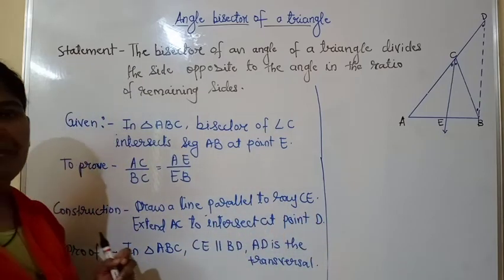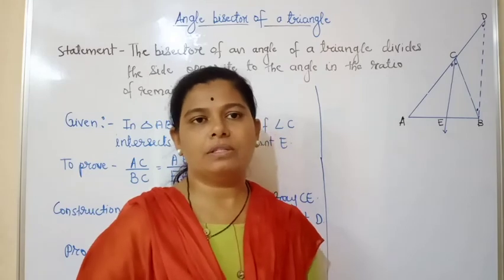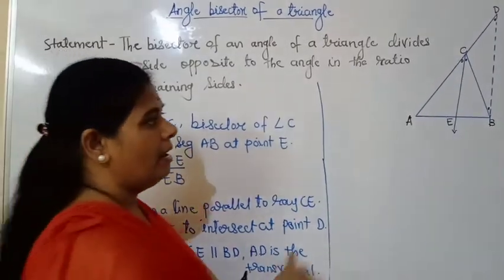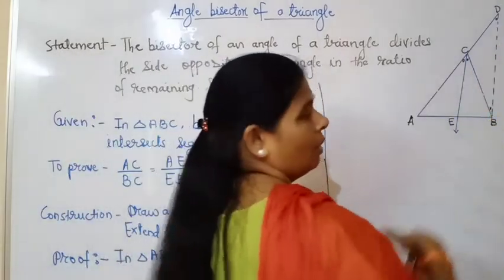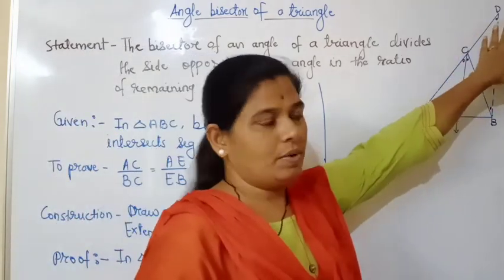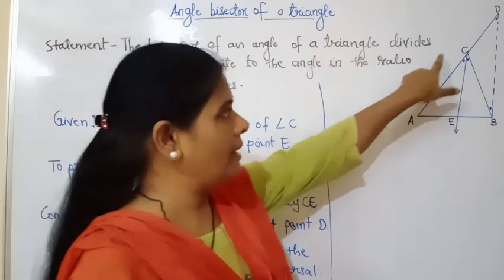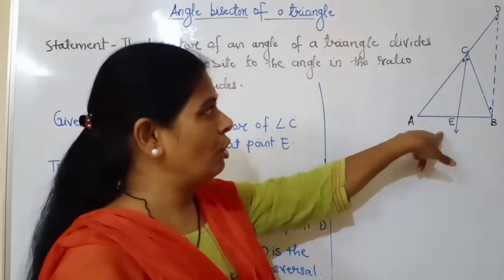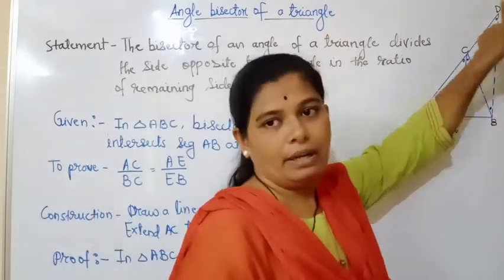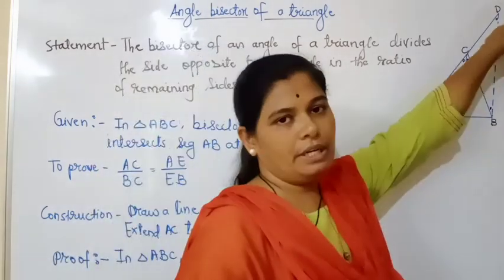Now, as all of you know, whenever there are parallel lines and a transversal, the corresponding angles or the alternate angles are always congruent. So as you can see, CE is parallel to BD, and AD is the transversal. Due to this transversal, angle ACE is congruent to angle ADB, or we can also write it as CDB.